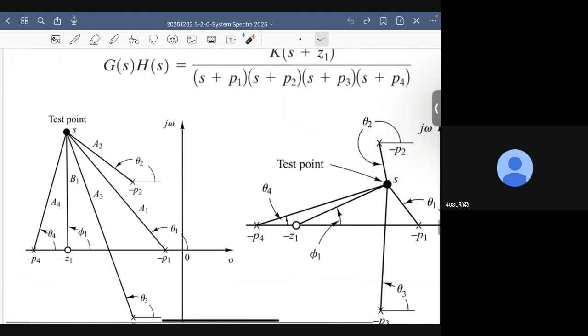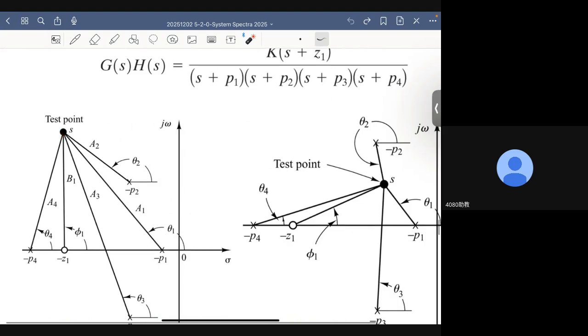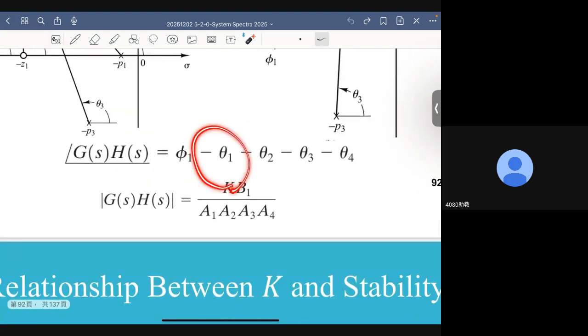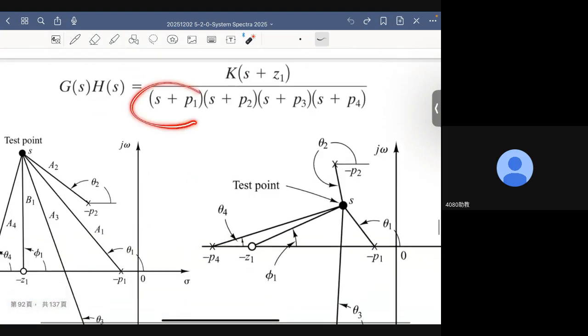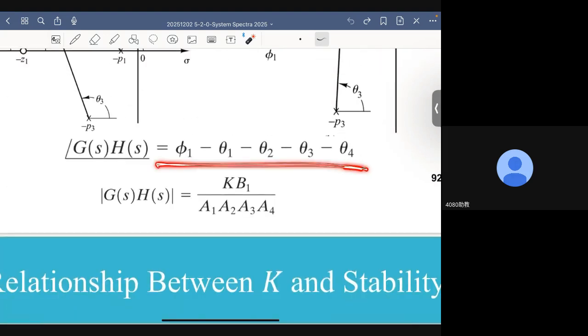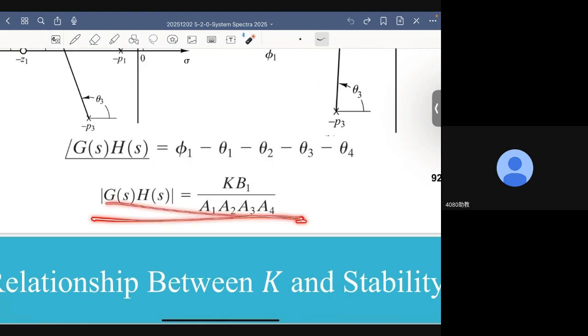Similarly, the angle of the vector connecting s and minus P1 is zeta1. So we have minus zeta1 here. Why do we have a minus sign? Because the pole is on the denominator, right? Okay. So this is how we calculate the angle and the magnitude for the loop transfer function.